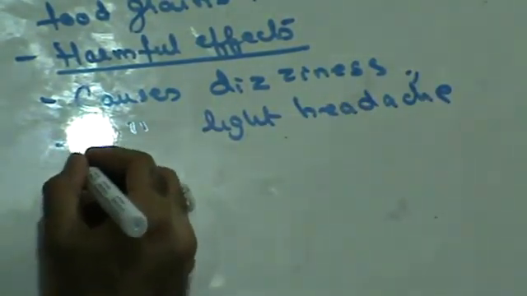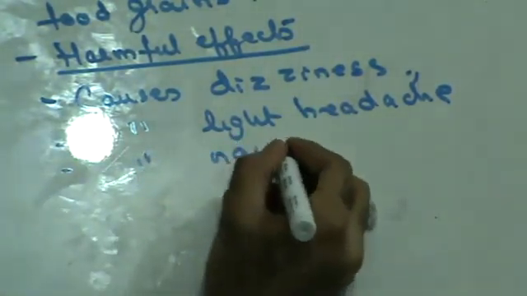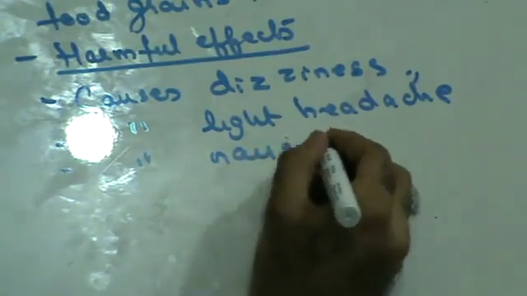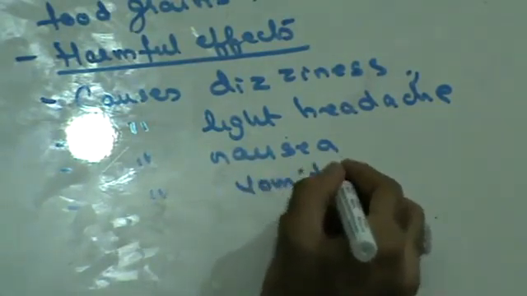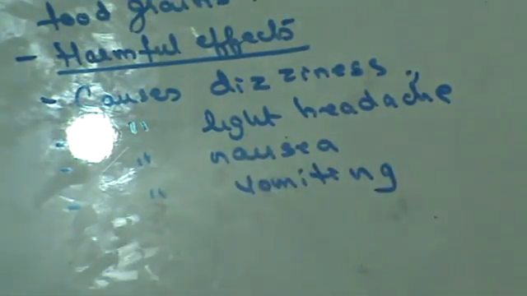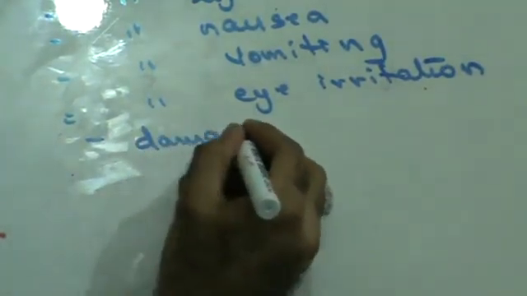Then it also causes nausea, vomiting, eye irritation, then damages nerve cell, and can cause skin cancer by depleting ozone layer.